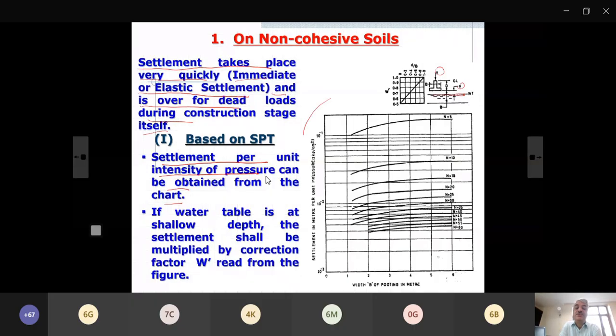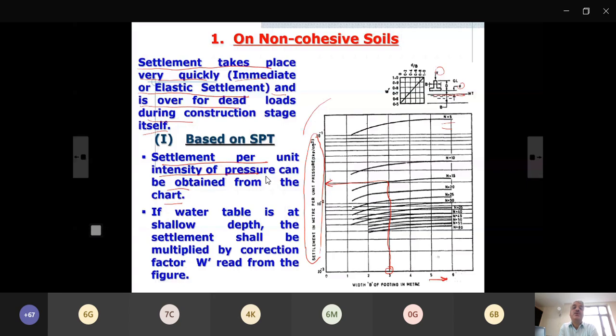In this chart, this side is settlement per unit pressure in kg per square centimeter. This side is width of the footing, and there are various charts for different N values. Now let us say your width of footing is 3 meter, N value is 15. For this will be your settlement. This is in logarithmic scale.